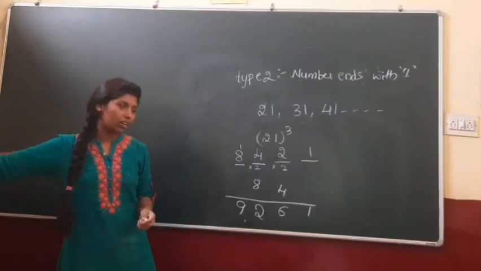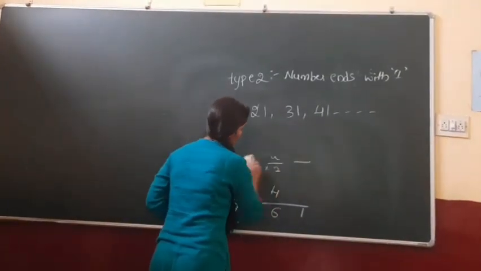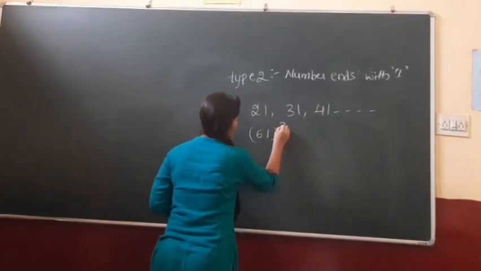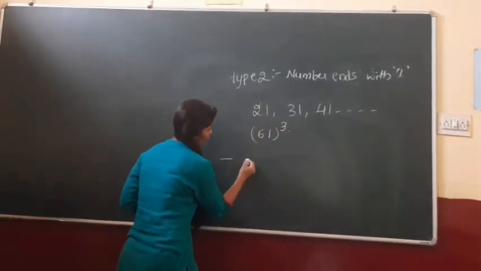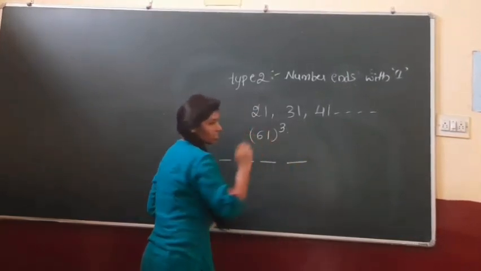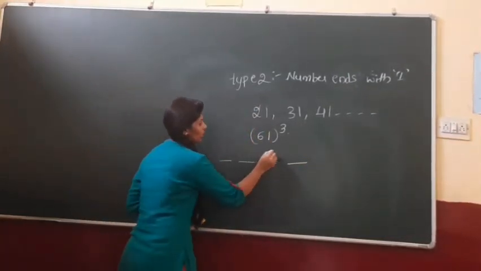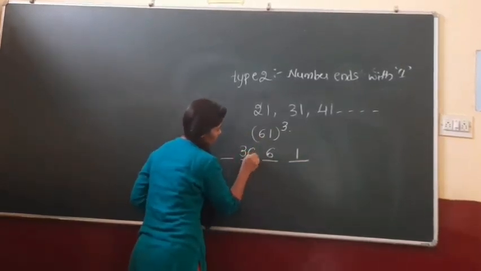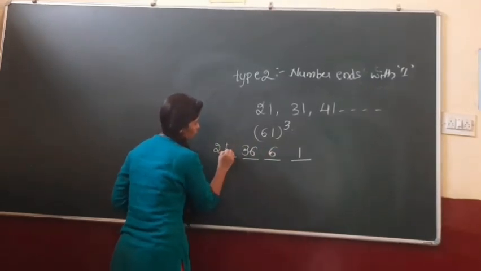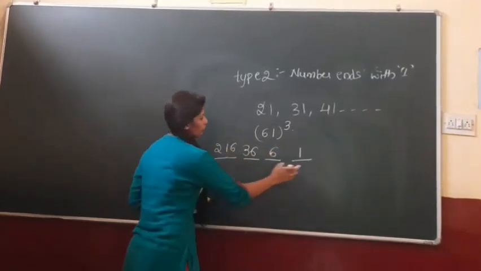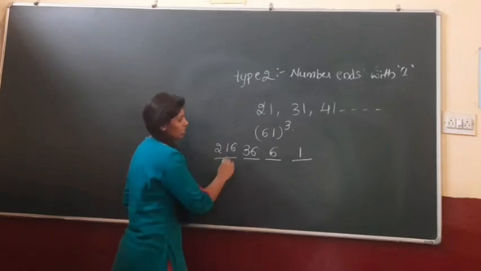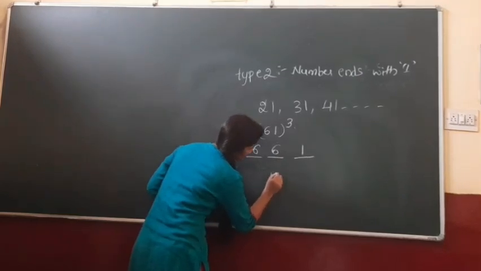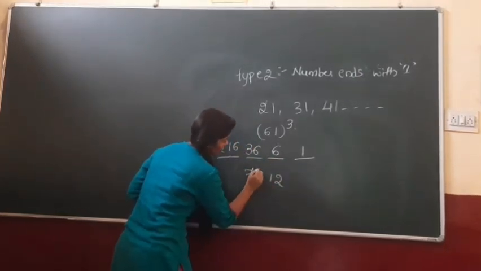To help you understand better, I take one more example, 61 cube. Again you need to put 4 spaces. Then we write 61 at the end. Then 6 square, that is 36. 6 cube, that is 216. Then the first and last digit are left as it is. Then multiply 36 and 6 with 2: 6 twos are 12, 36 twos are 72.